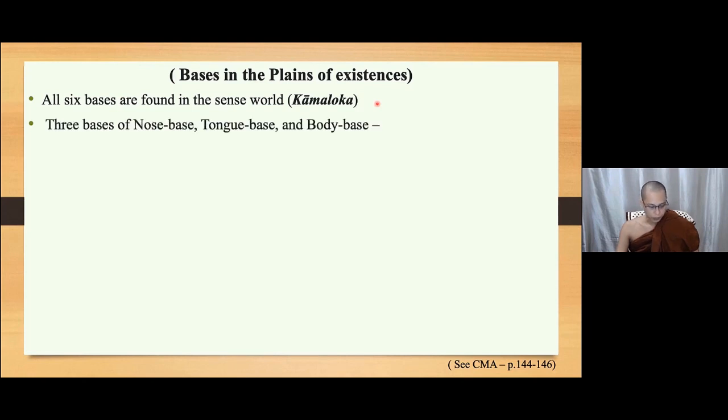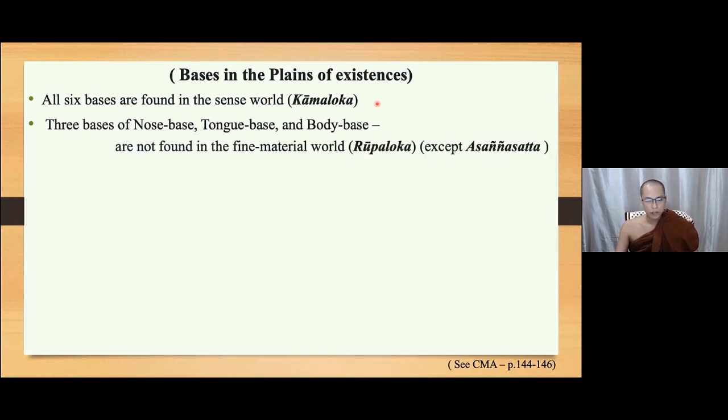Then the 3 bases of nose, tongue, and body do not arise in the 5 material world, Rupa Loka. Not only the material world, they are also not found in the immaterial world, because it is clear that in the immaterial world there is no material phenomena.